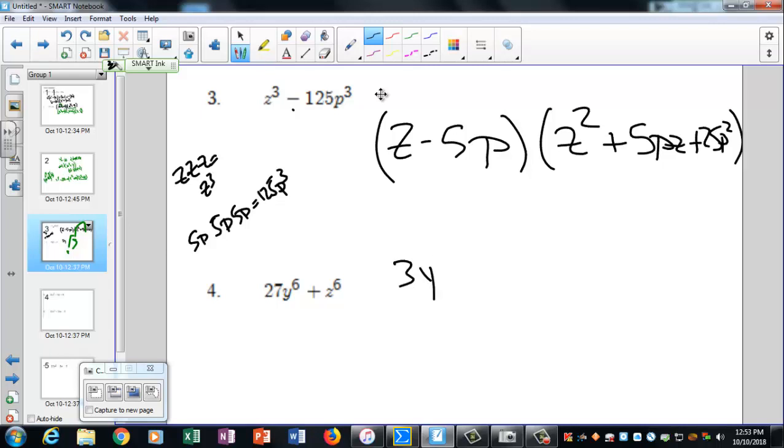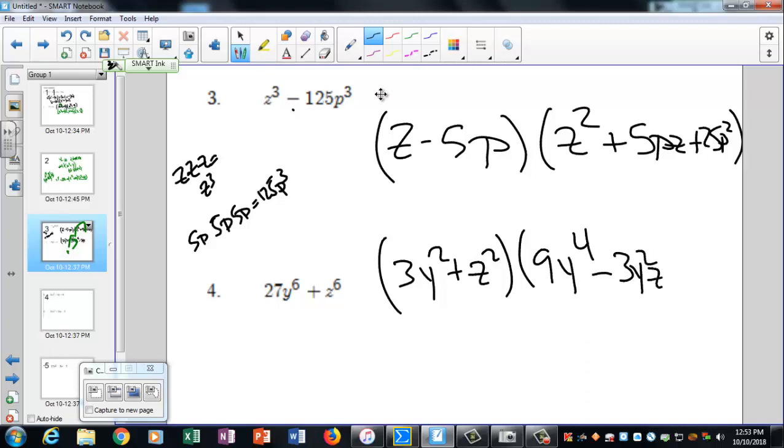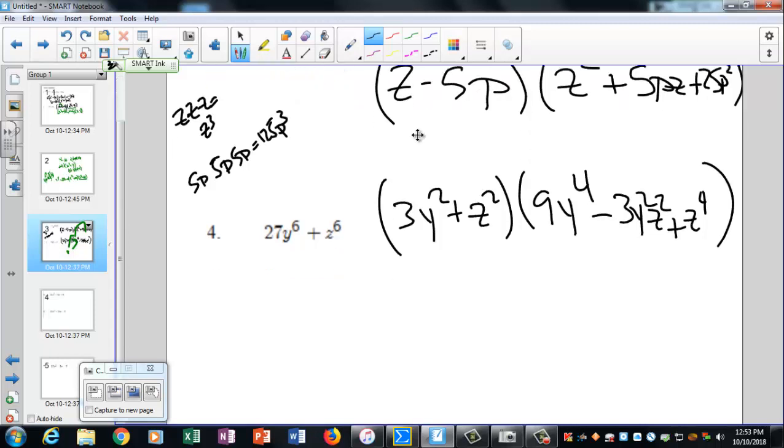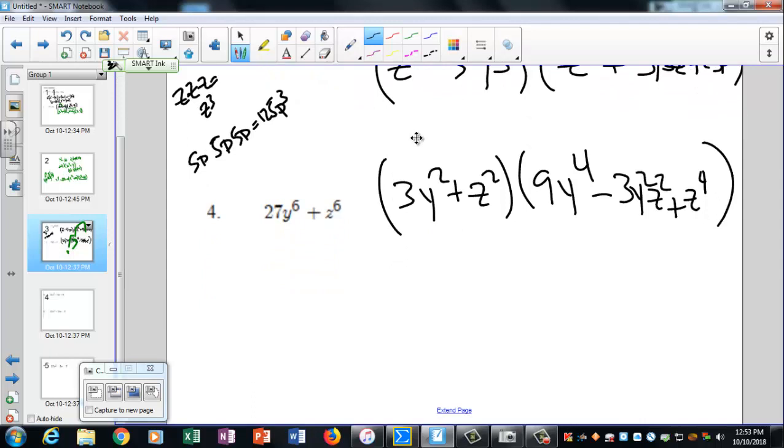It's 3y squared plus z squared, 9y to the fourth minus 3y squared z squared plus z to the fourth. That is your final answer. Now let's go over how we got that. 27y to the 6 is 3y squared times 3y squared times 3y squared.